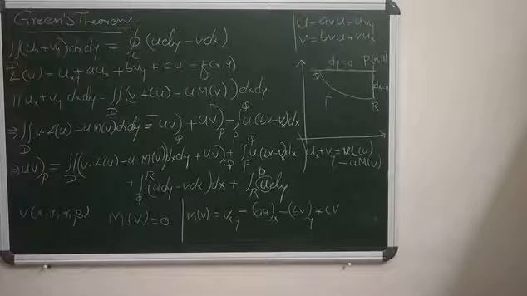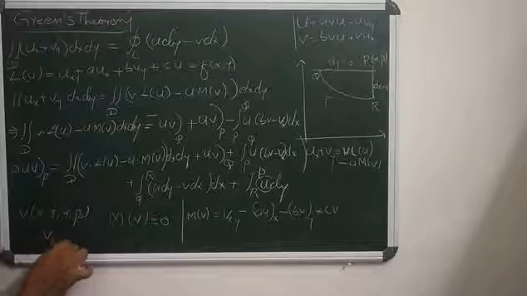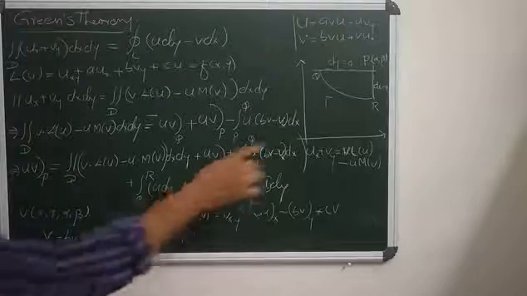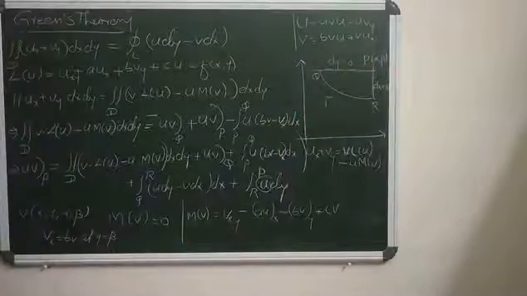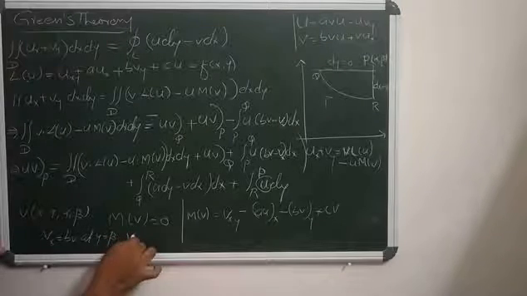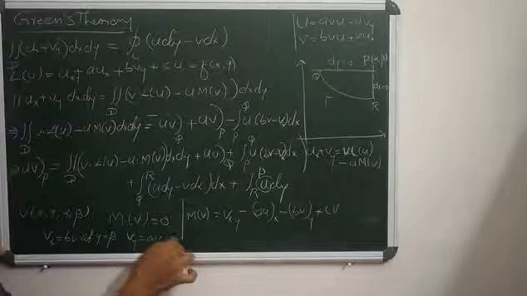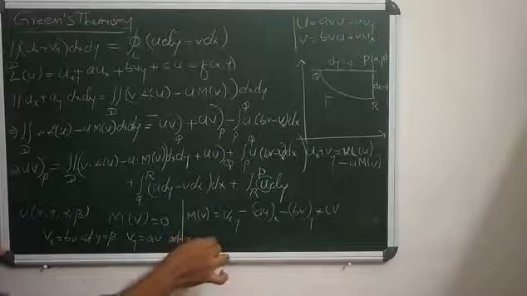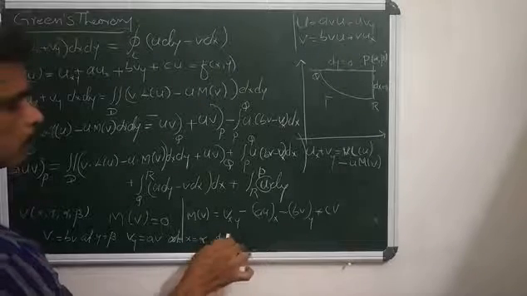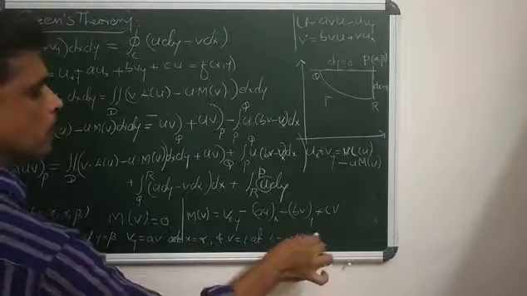Then also which satisfies vx equals bv at y equals beta, and vy equals av at x equals alpha, and v equals 1 at x equals alpha and y equals beta.